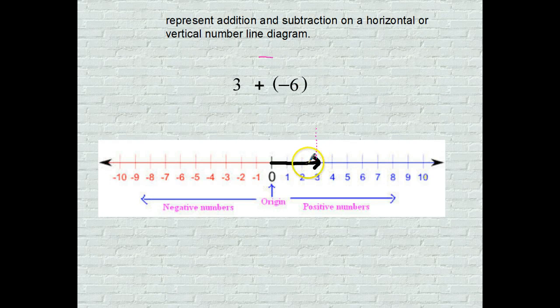Let's count it from here. 1, 2, 3, 4, 5, 6. And let's see where we are here. We are at negative 3. We landed at negative 3.